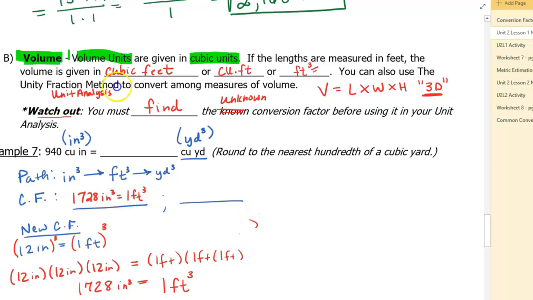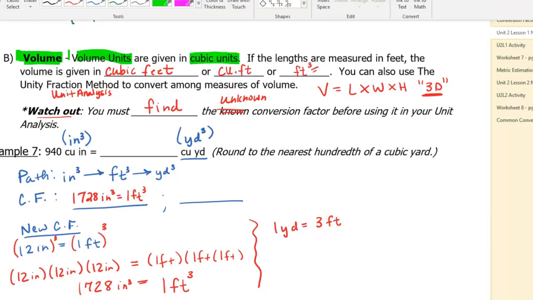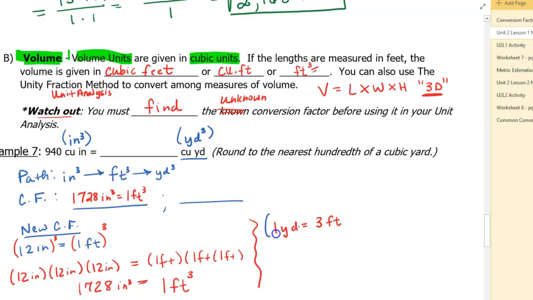We also need another conversion factor, based off the fact that 1 yard is equal to 3 feet. Again, since I'm dealing in the third dimension, I'm going to raise both sides to the third power, and that's going to give me 1 cubic yard, and 3 times 3 times 3 is actually 27 cubic feet.